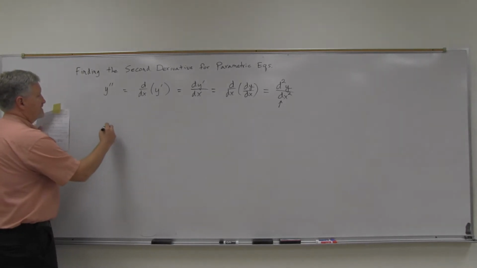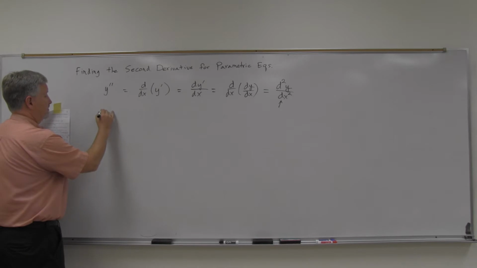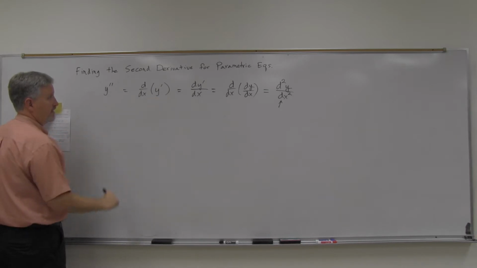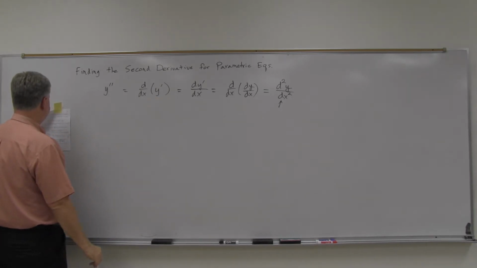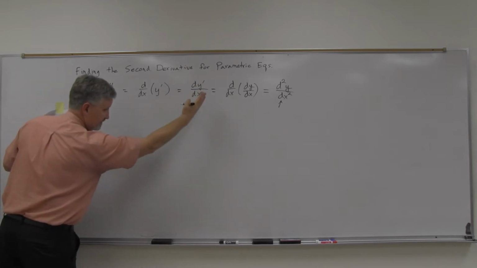Okay, so the question then is, how do we find that second derivative, or d squared y over dx squared, if we have parametric equations?